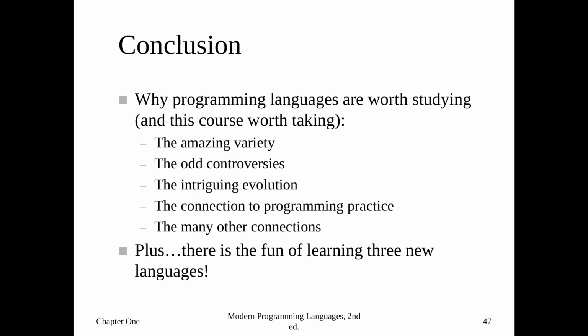Every time we pick up a new language, it's changing our way of thinking. It's giving us new ideas, new ways to solve problems. And as it says at the bottom here, unfortunately we're actually learning 4 languages, not 3. But the book will only cover 3 of them. So that's the other part about this course, is we're going to be learning all sorts of new languages in an interesting way, probably different from almost any other course you'll take in computer science.